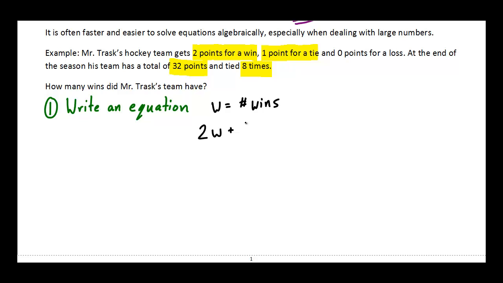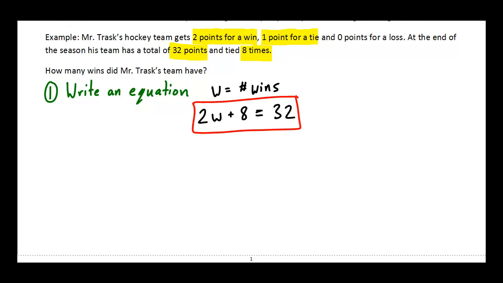So 2W plus 8 is my number of points, and that has to equal my total of 32. So there's my first step. I've got an equation that I can potentially solve: 2 times the number of wins plus 8 more points should add up to a total of 32.